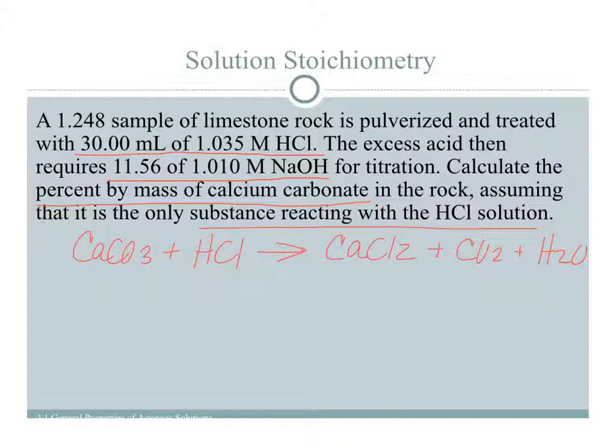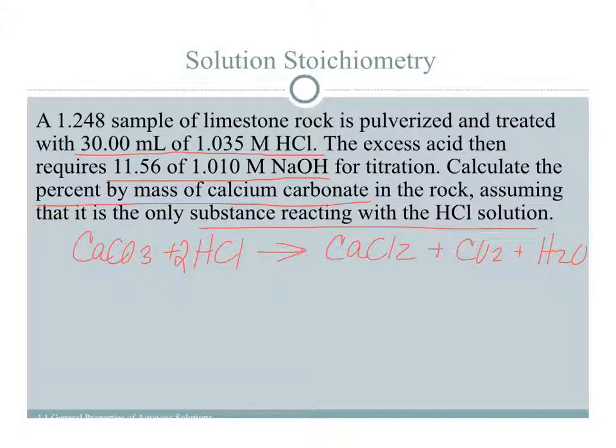So now we need to balance this. And I have two Cl's, two Cl's, two H's, two H's, one Ca, one Ca, one C, one C, and three O's, 2 and 3. Okay, so we're balanced.